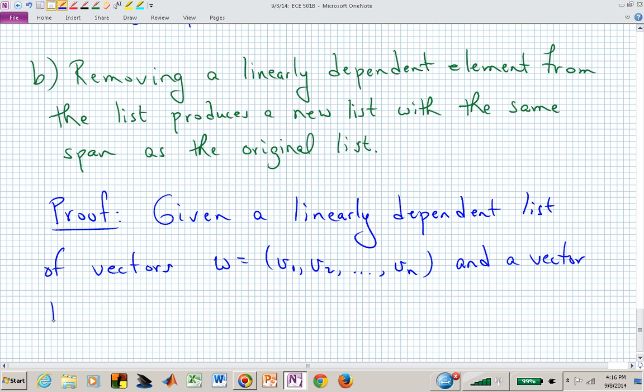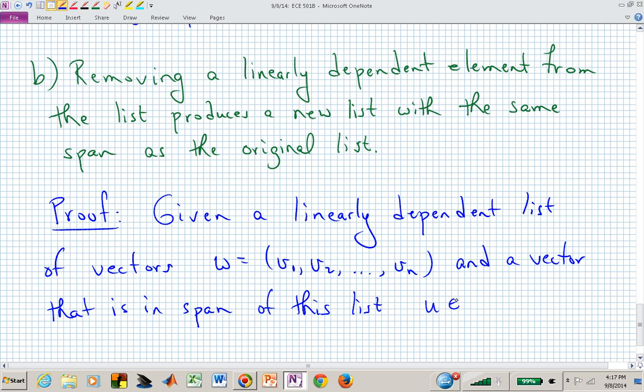And a vector that is in the span of this list. And let's let that vector be u.